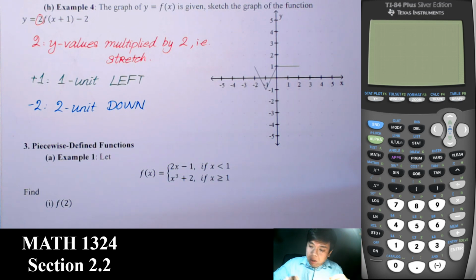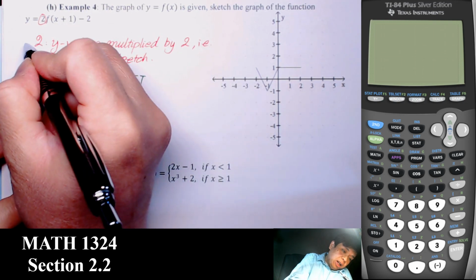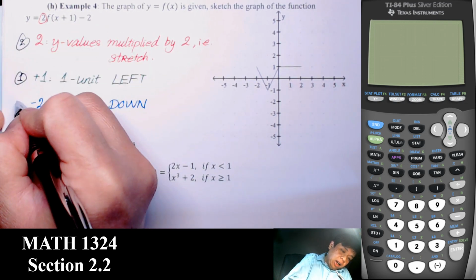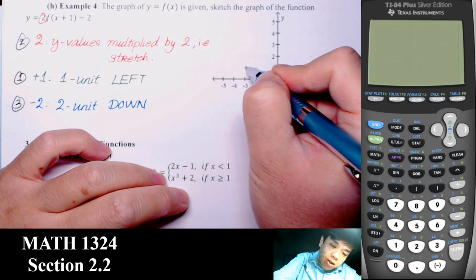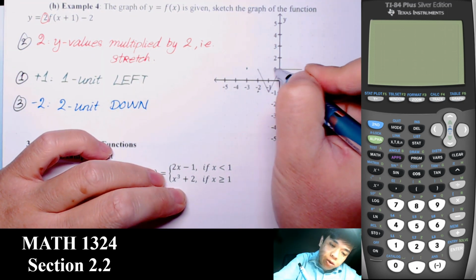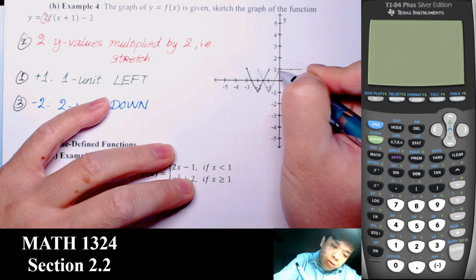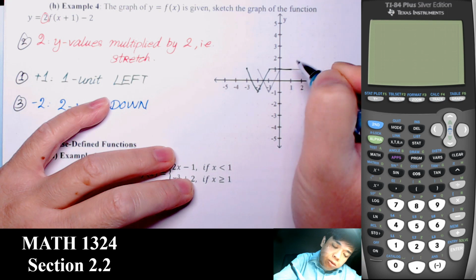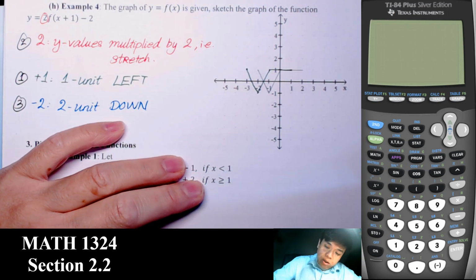Right, so, and then all the operation inside, and then multiply, divide, then add or subtract. So I have to move 1 unit to the left first. 1, 2. And then multiply everything by 2.